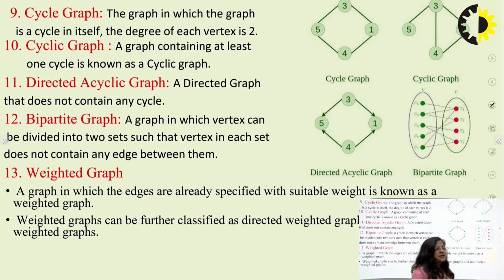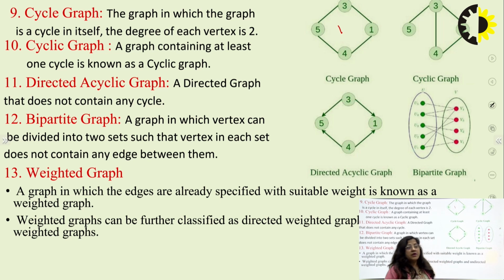Okay, the next types of graph are the cycle graph and the cyclic graph. There is one difference between them. A cycle graph is a graph that forms a single cycle, where the degree of each vertex is 2. In this graph there is only one cycle and each node has the same degree.